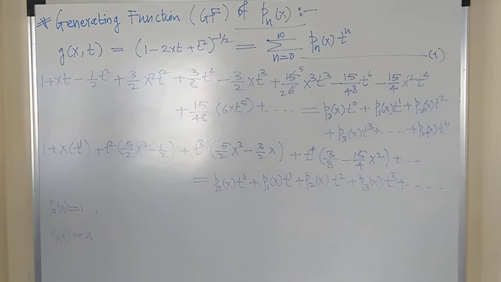So you got p1 of x is equal to x only, isn't it? And you can check, in the last video we have studied, we have obtained the first few polynomials. You can check whether you are getting the same Legendre polynomials or not. P naught of x is 1, p1 of x is x only.